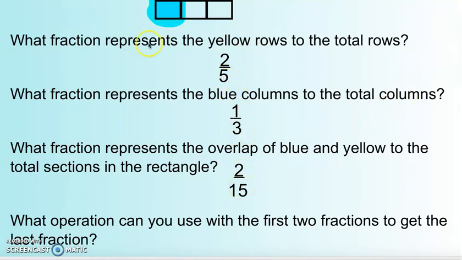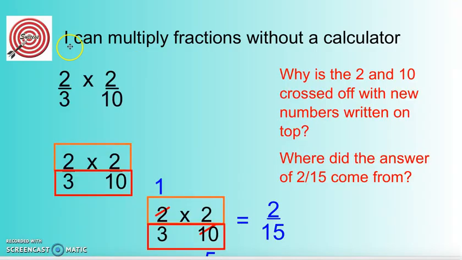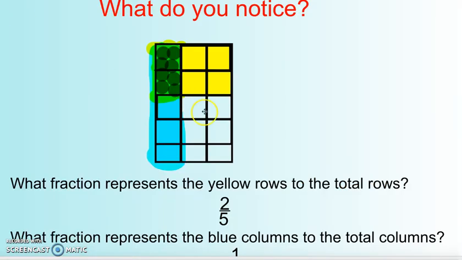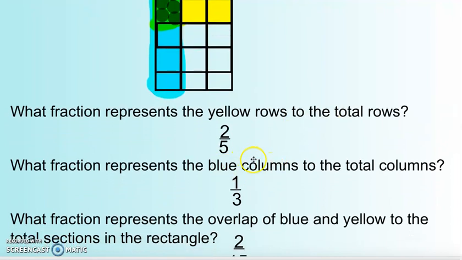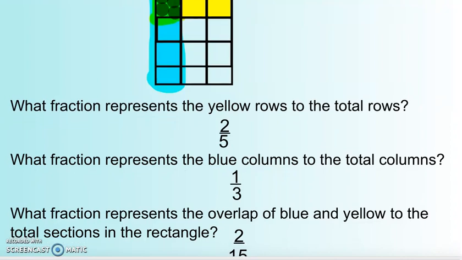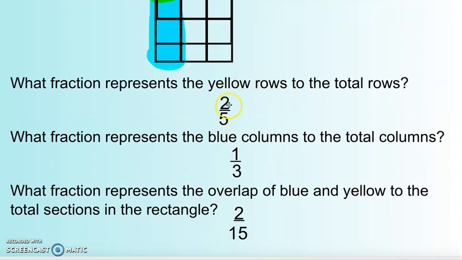Nice job. Our target today is that you can multiply fractions without a calculator. And so when we looked at these 2 fractions, we had 2/5 and we had 1/3, and we were multiplying them together. That's why we multiplied 2 times 1 to get 2 and 5 times 3 to get 15.